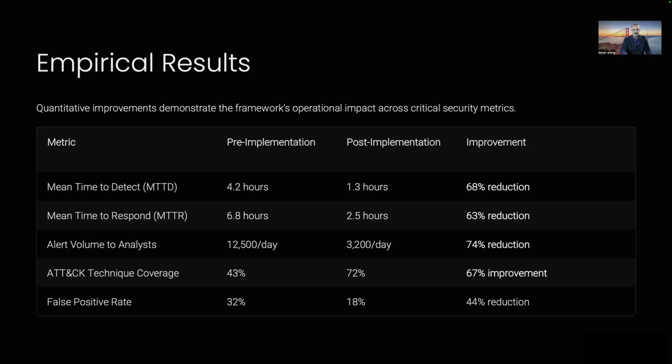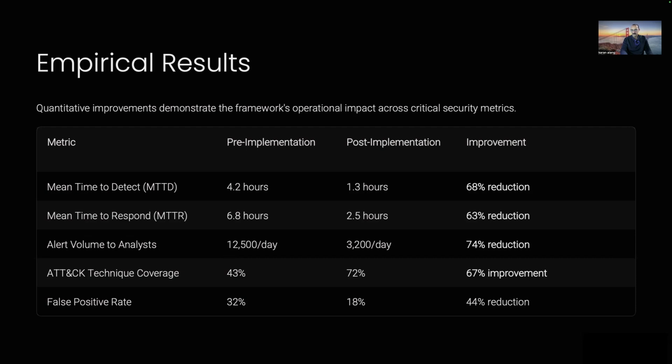Then MTTR, the mean time to respond, between pre-implementation and post-implementation, there's a 63% reduction. Alert volume to analysts. So I mentioned earlier that they get close to 10,000 plus alerts a day. That is reduced to 3,200 per day.